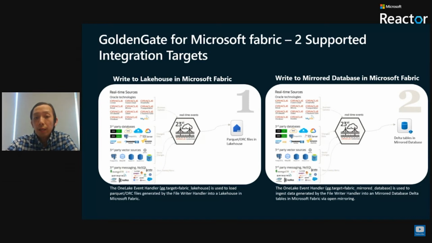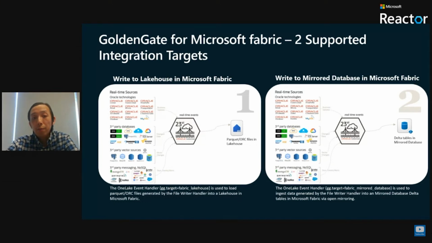The second one, which is what we are focusing on today, is that GoldenGate can write to a mirror database in Fabric as the target. Here we are using a technology called open mirroring, where the mirror database offers a OneLake folder, as we call it, a landing zone. GoldenGate will write change data files to the landing zone as Parquet files.